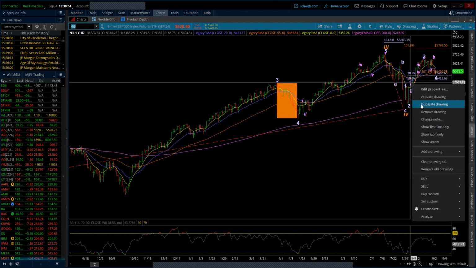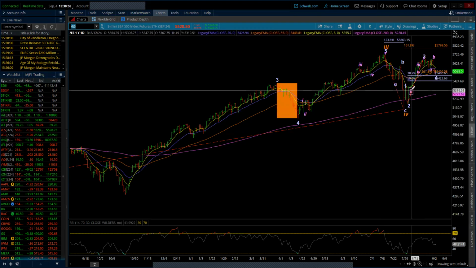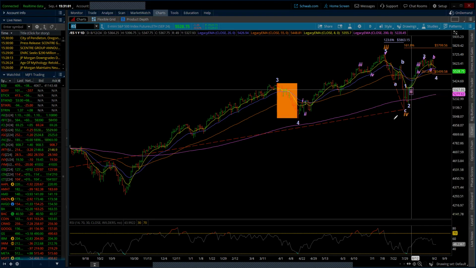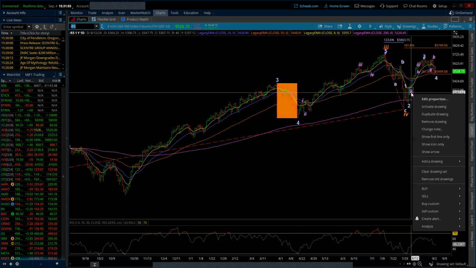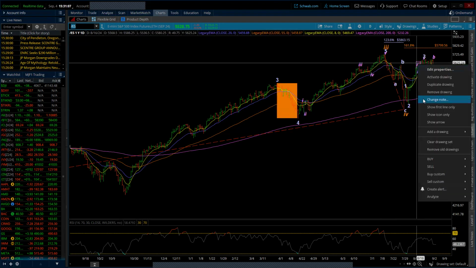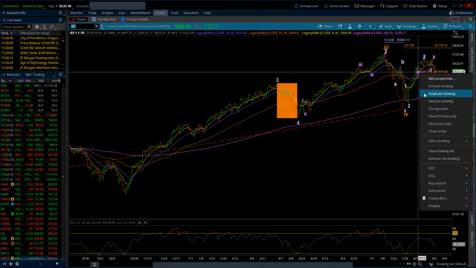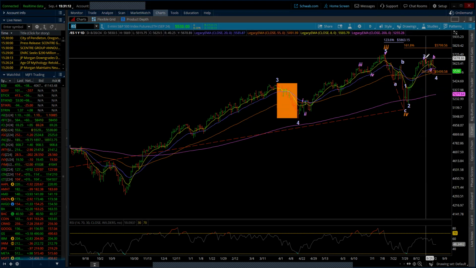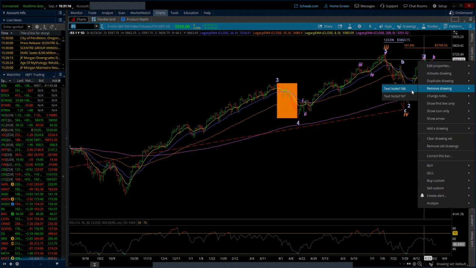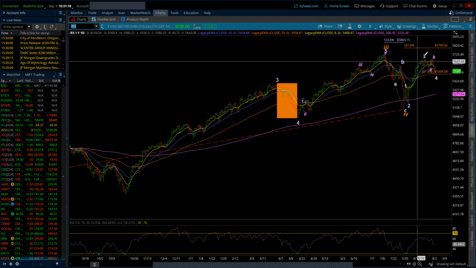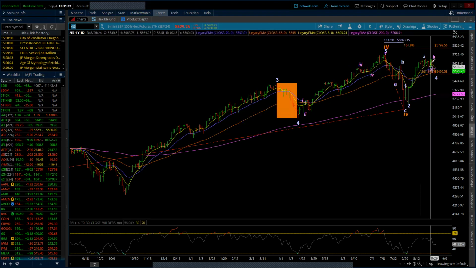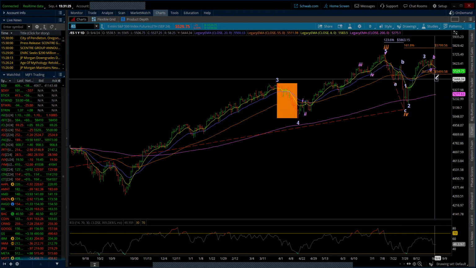And what I want to do is just remove these to kind of clean up the chart a little bit so we can see. I didn't mean to do that. That's what I meant to take off. I took off a fib. I can put that fib back on. And we're going to go right here. Shoot. Oh, yeah, I meant to take that one. And then this, we're leaving on because I don't really know if that's the 4.